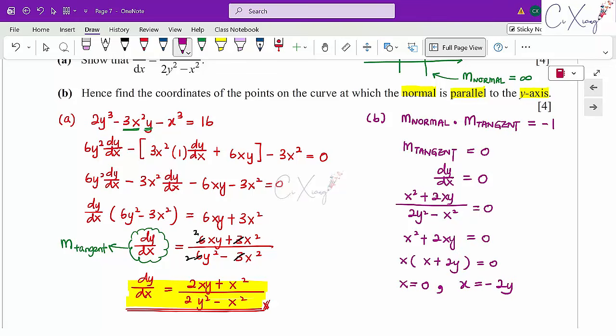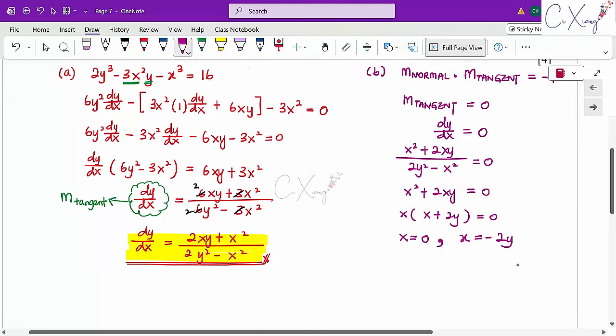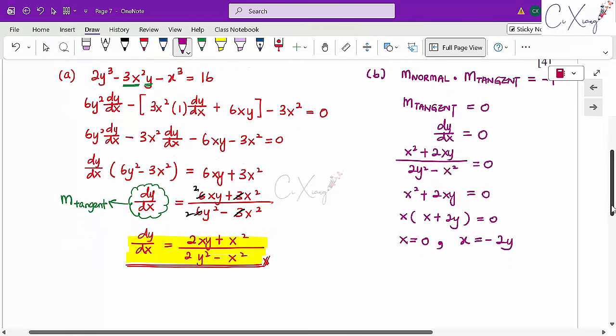Now you have to take note that these two values of x denote two different points on the curve. So you cannot assume that they are one point. You need to solve for the values of x and y separately for these two values of x. How can I solve for these?